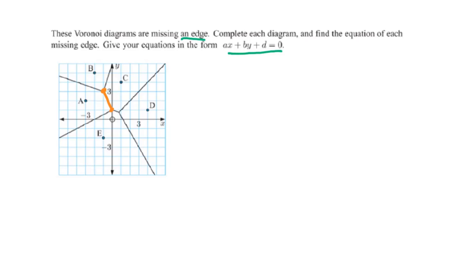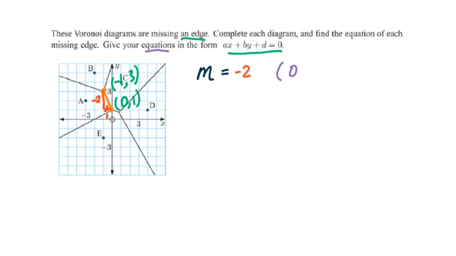The missing edge is passing through the vertices (0, 1) and (-1, 3). Use these 2 points to find the equation. You can check the slope, that is rise over run: negative 2 over 1. So the slope is negative 2.